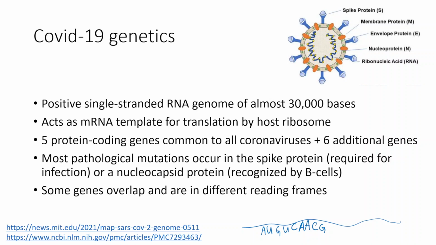If you start at the beginning, you start by reading AUG, and then UCA, and then ACG. But you don't have to start at the beginning, right? You might start one base over, so you could also read this as UGU and CAA. Or if you slide one more base over, you could read it as GUC AAC.